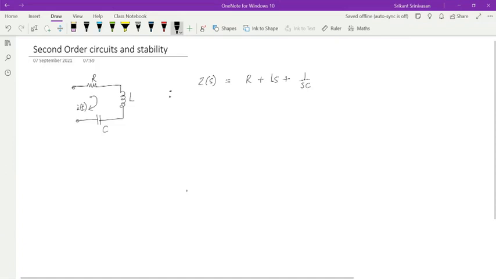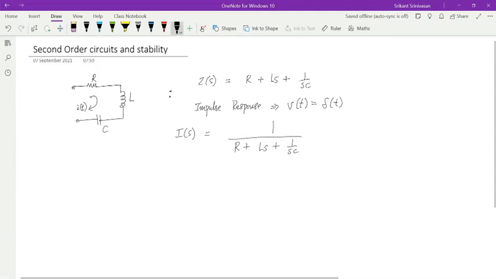That means, okay, so what is I of S? Right?